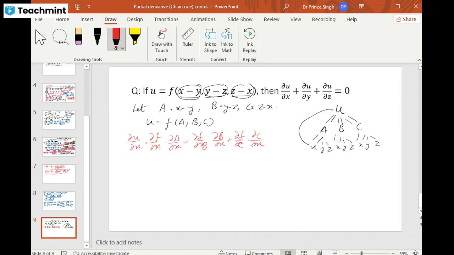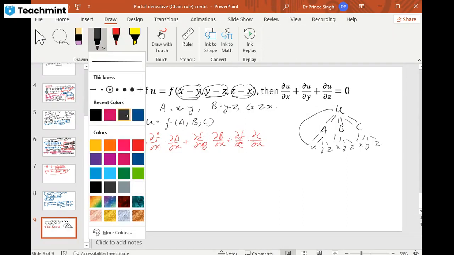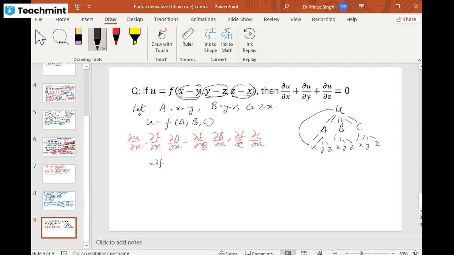Now, because your function f is unknown, curly f upon curly a remains unchanged. But what is the derivative of a with respect to x? So a with respect to x means we differentiate x minus y with respect to x. So the derivative of x with respect to x is 1, with respect to y is 0, so its value is 1. And again, no change in curly f upon curly b because your function f is unknown.